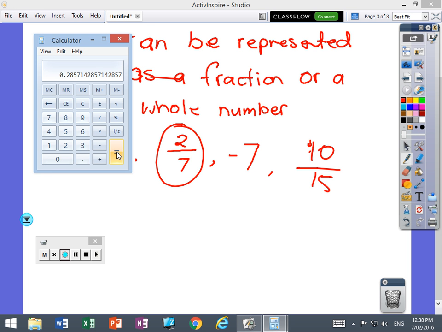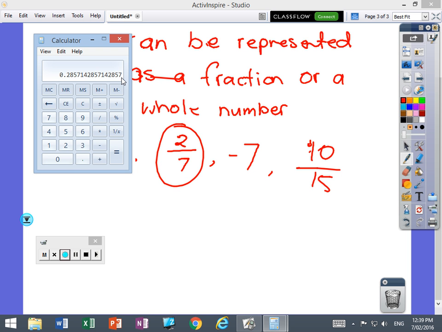The answer I get, and it takes a little bit of time, but it will actually repeat. So it's got 285714, and then it repeats again, 285714. If you see a repeating pattern when you put it in the calculator, it is a rational number.